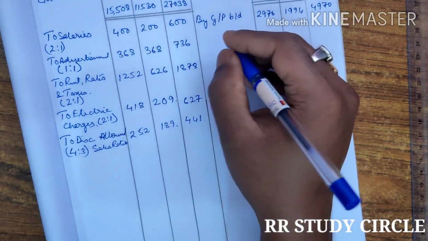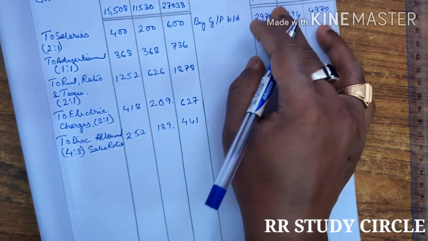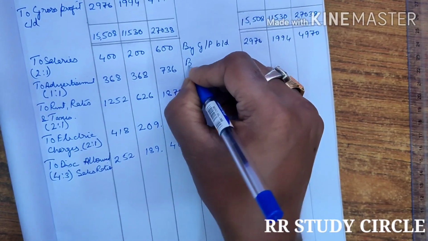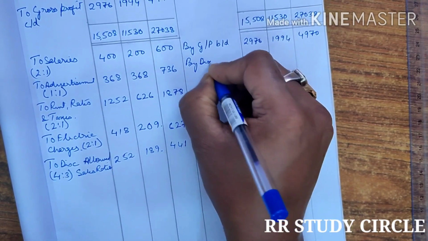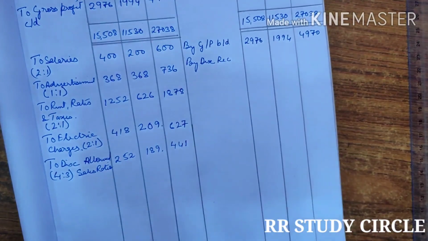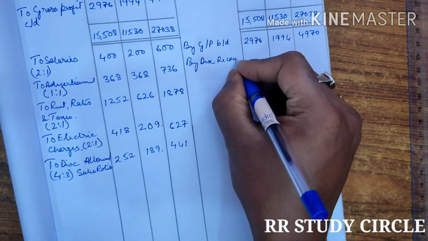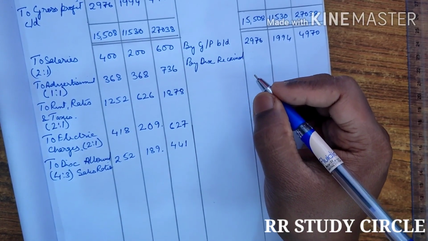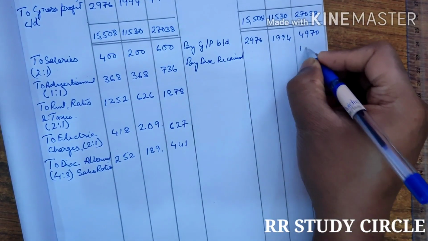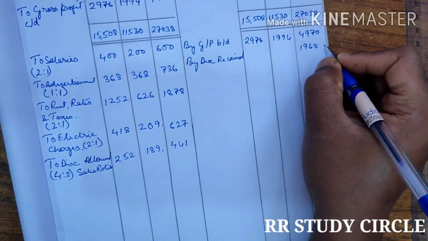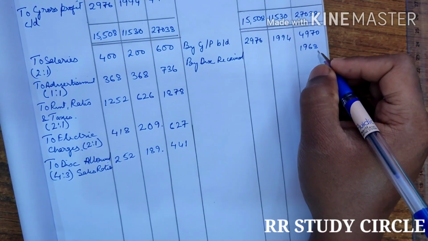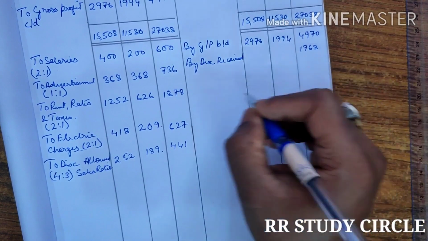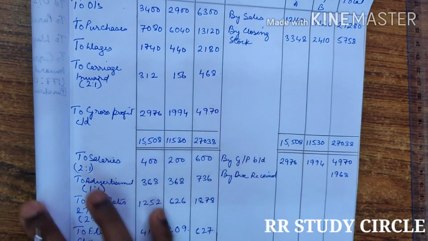Next we have discount received. Discount received is your income, so it will come on the credit side. The total is 1968. It is to be allocated in the ratio of departmental purchases.